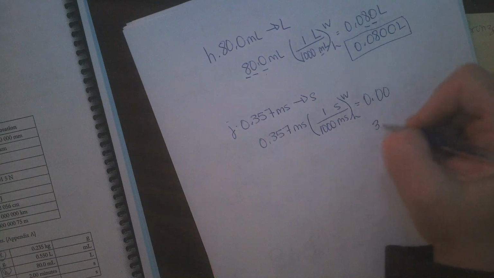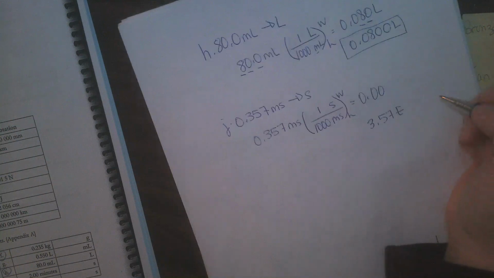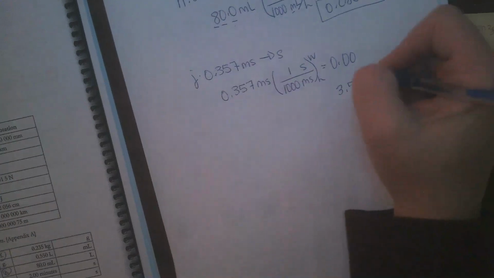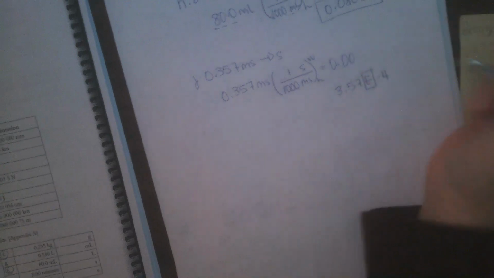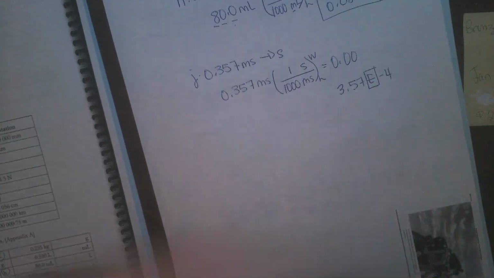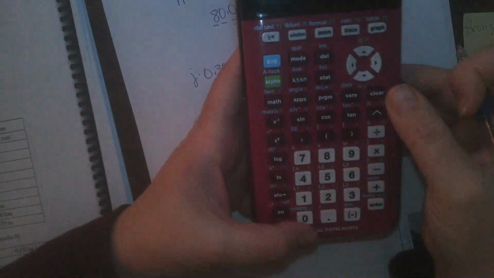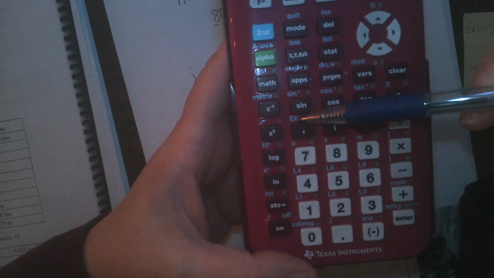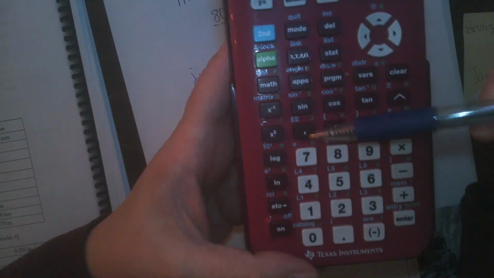Your calculator said 3.57 E negative what? Negative 4. Okay, I like that your calculator told you that because we haven't talked about that. This E on your calculator, if you look, it's right here, right above your 7 and then a comma.